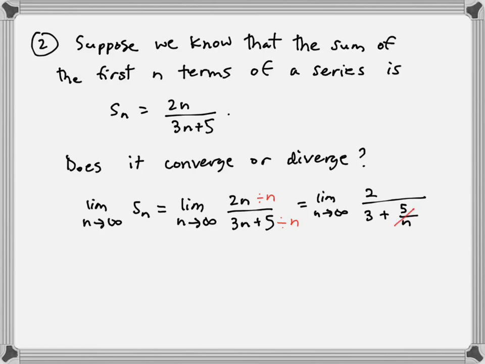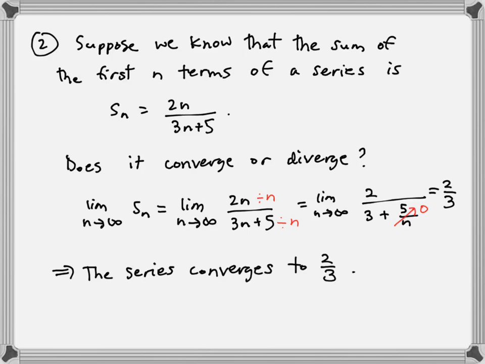And when you send this to infinity, that guy goes to 0. So this whole thing equals 2/3. So what does this mean? This means that the series converges to 2/3. Okay.